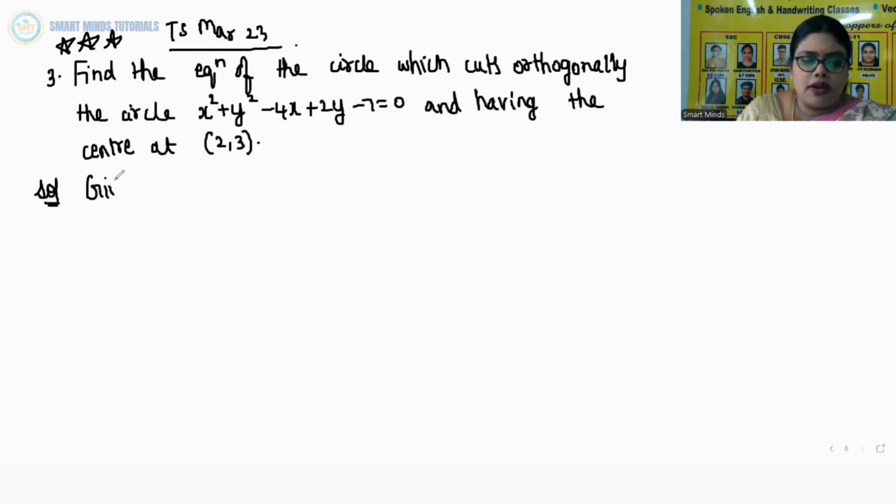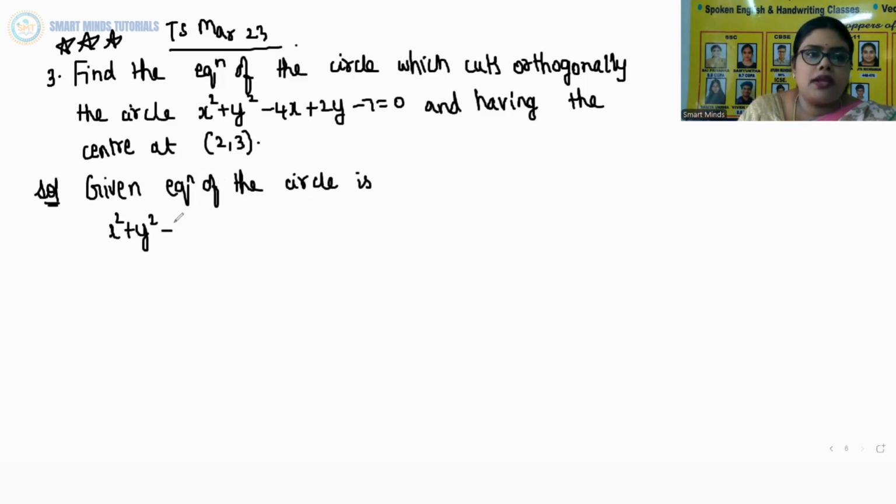So first we will write the given equation of the circle. What is the equation given here? x square plus y square minus 4x plus 2y minus 7 is equal to 0. Let's take this as equation number 1.